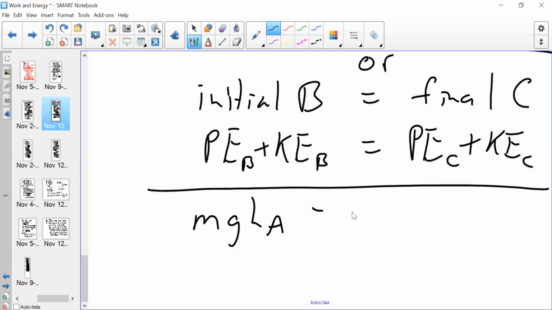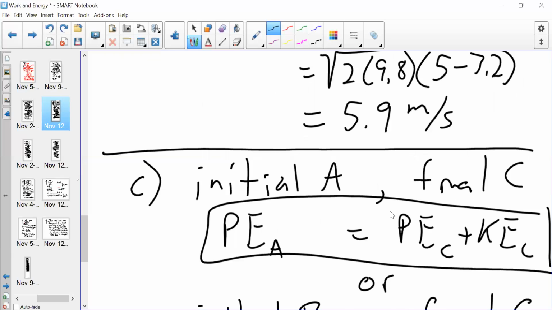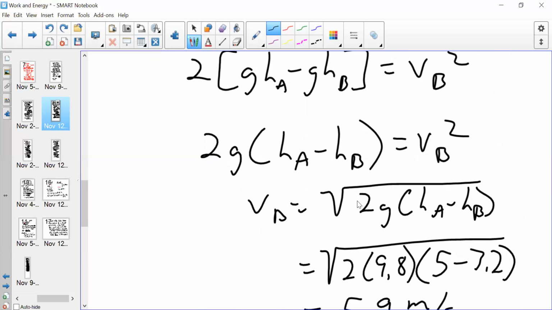mgHA equals mgHC plus 1/2 mVC squared. Masses cancel out, and so I basically have the same equation as up top.